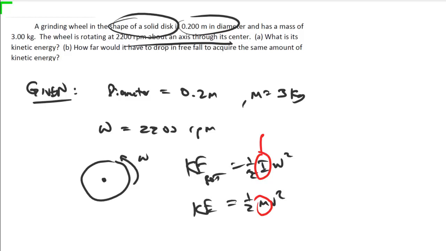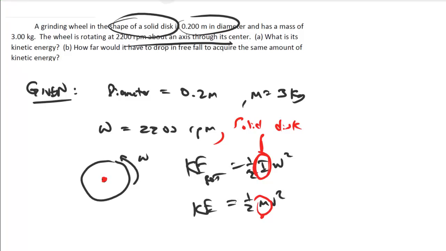So you need to know the shape of the object as well as the axis it's rotating around. These are really important things that we didn't have to know before, and we also need the mass for I. Previously with linear inertia, we just needed the mass, but rotational inertia is a little bit different. So the fact that it's a solid disk is very important. Solid disk, rotating about an axis through its center, which I've drawn here.